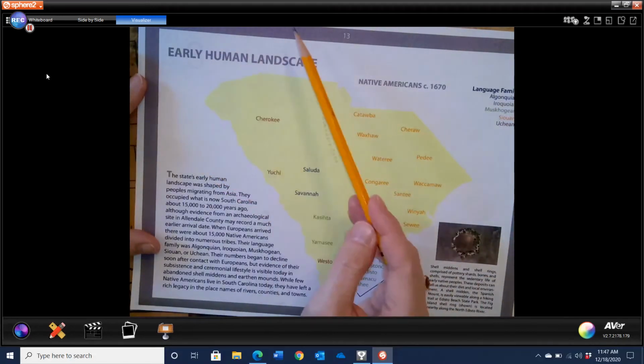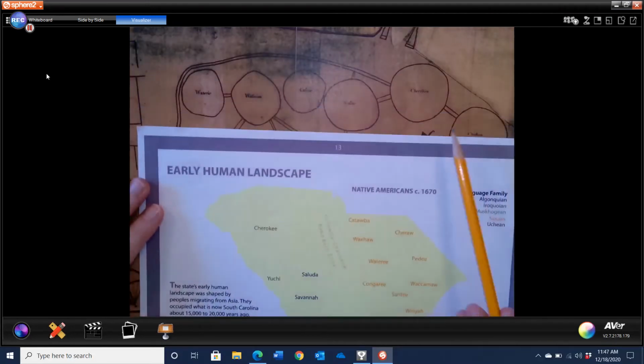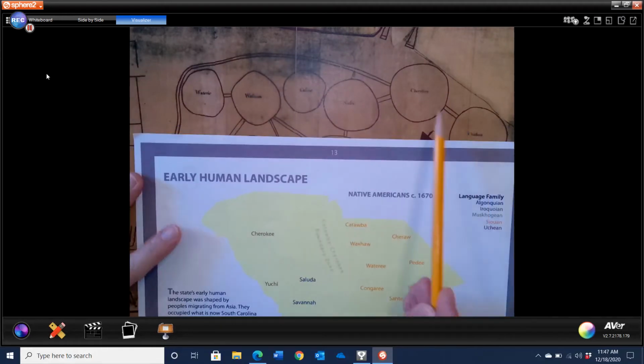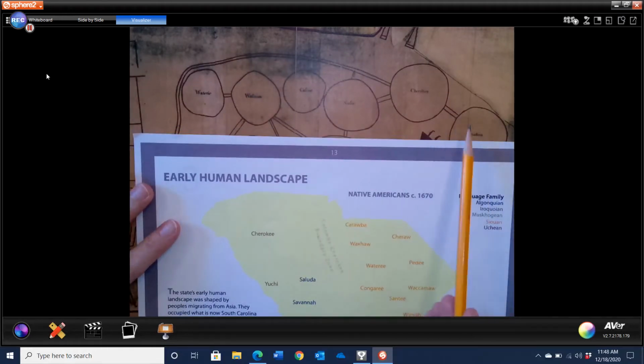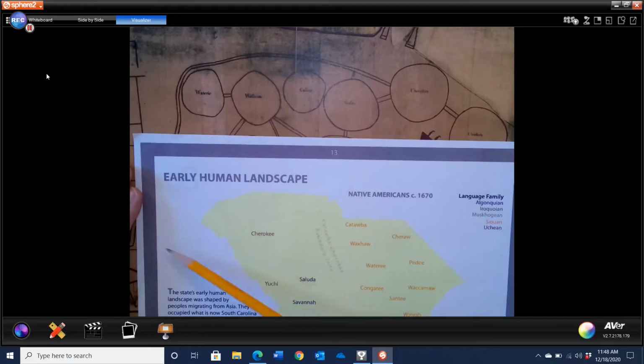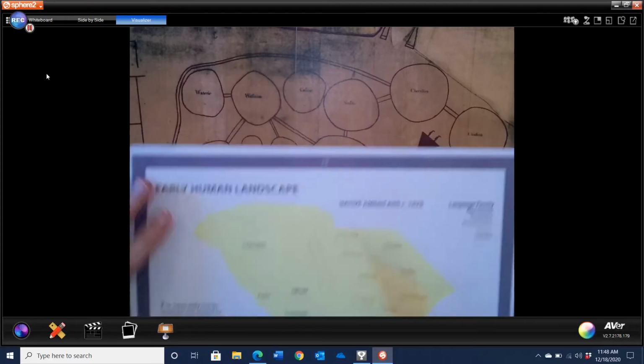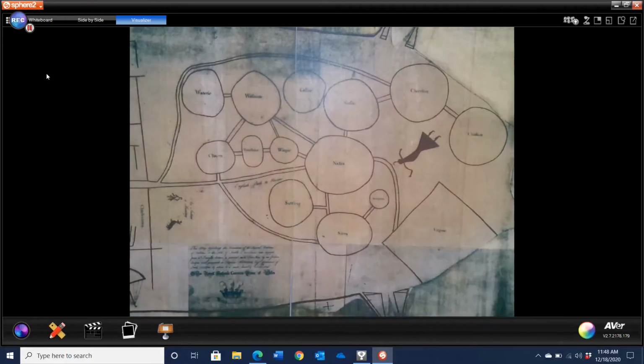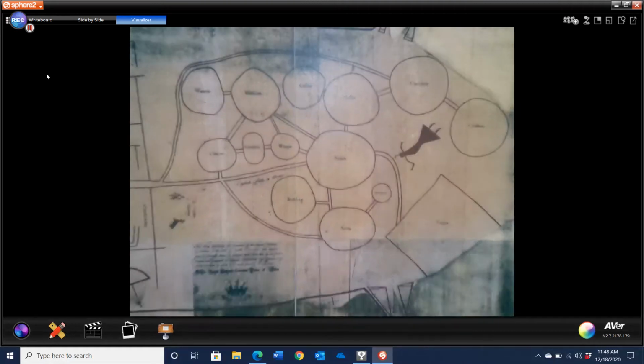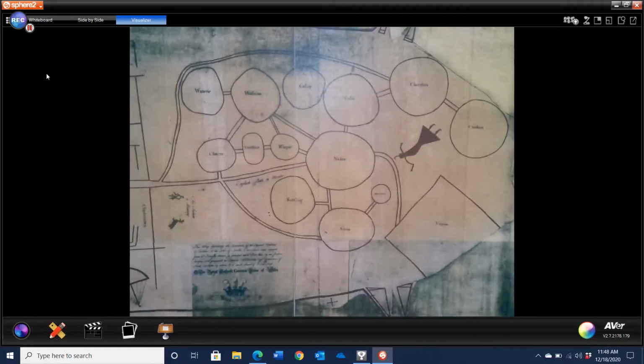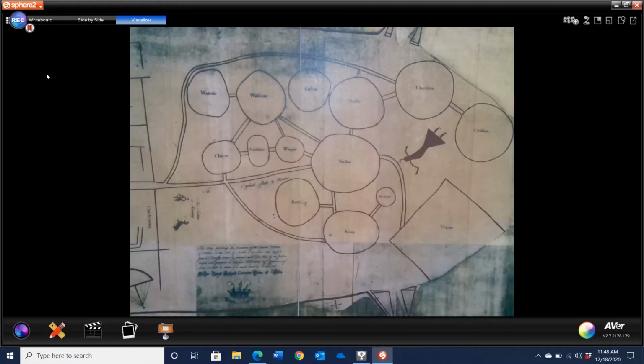So perhaps that is why there's that direct trading or social relationship between those two, because they're located out here further away from the other groups. So that's the first one I wanted to show you. That it's a map, but it's not necessarily a map that you or your students are used to using when you are teaching. So that brings me to the next map that I want to look at.